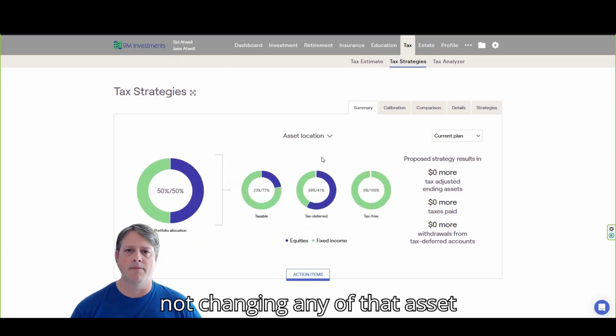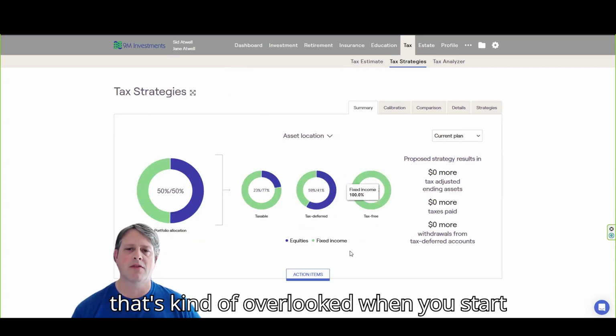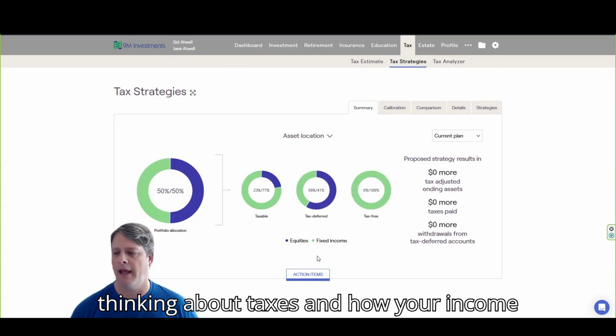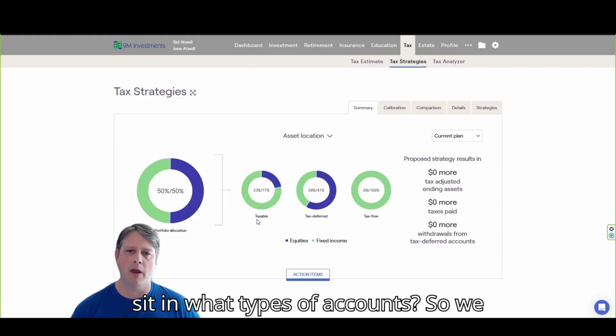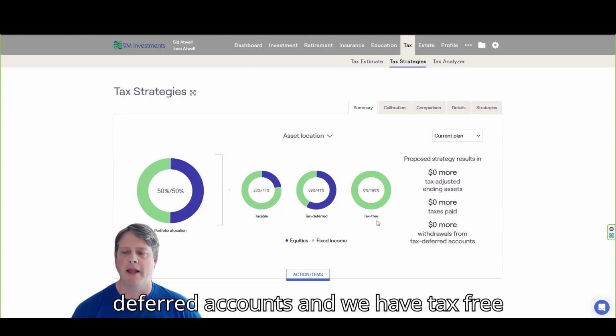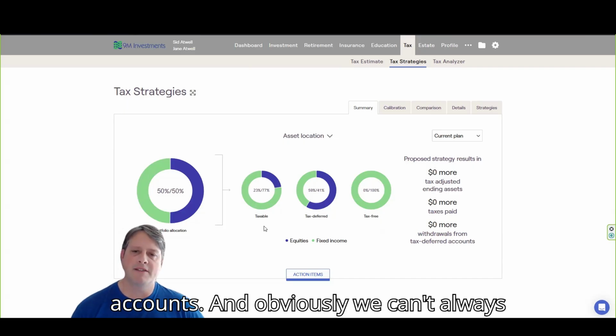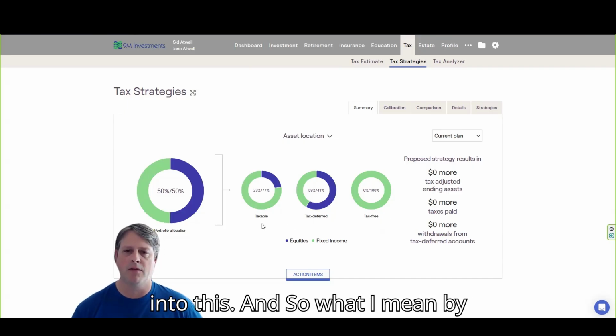Asset allocation. This is one of the things that's kind of overlooked when you start thinking about taxes and how your income plan is set up, is what investments sit in what types of accounts. So we have taxable accounts, we have tax deferred accounts, and we have tax-free accounts. And obviously we can't always control where our money is going into this.